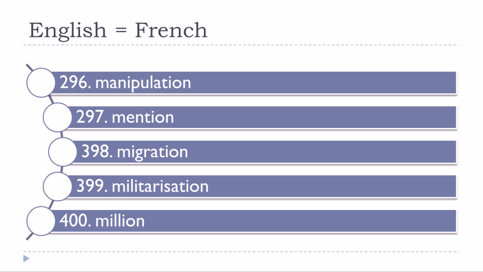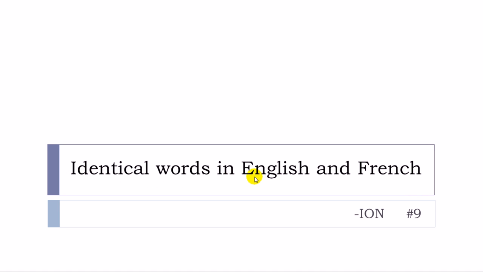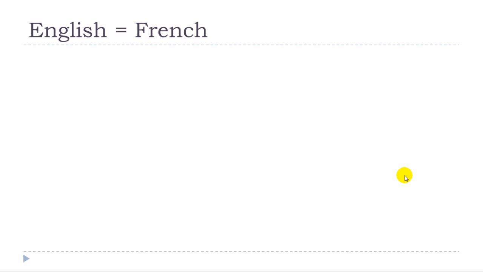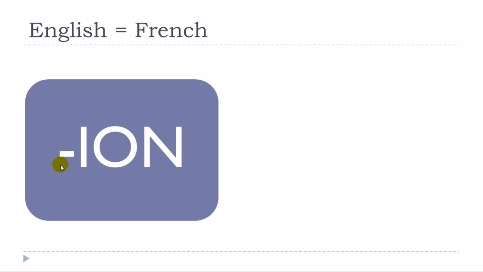Militarisation, million. And I just realized that I've been making a mistake here. It should be a 3 instead of 2, okay? Sorry, I won't make this video again only for these 2 little identical words in English and French. And we'll especially focus on the words in English that end with EON, okay?